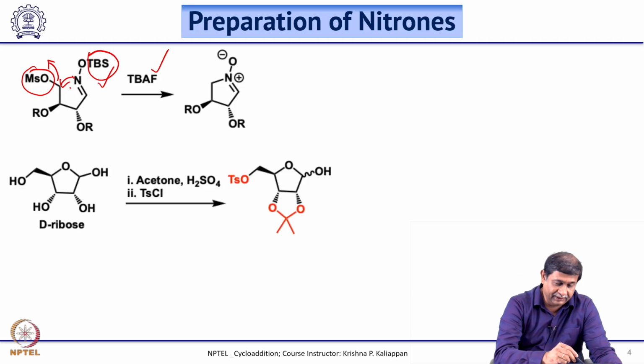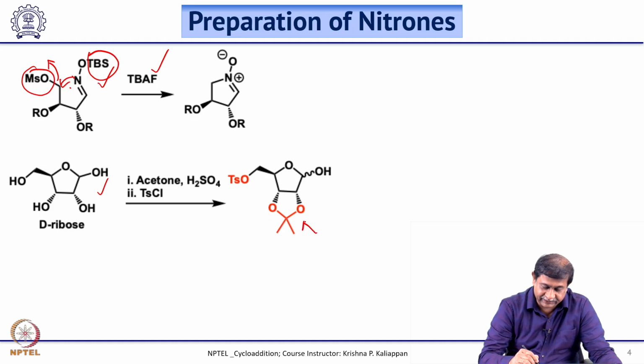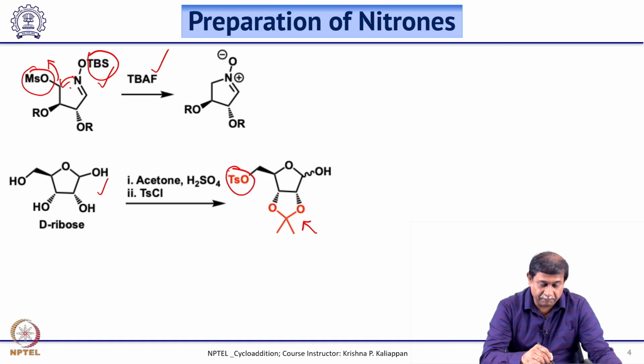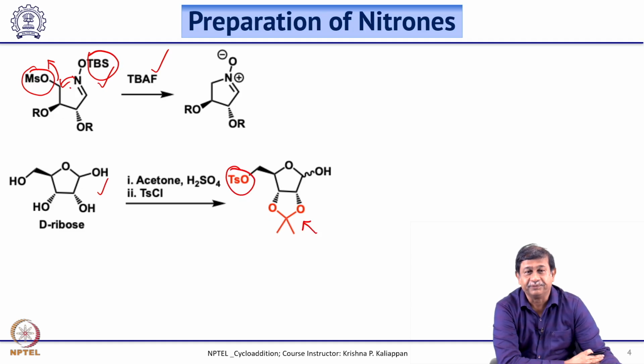One can also prepare this nitrone. For example, if you start with D-ribose, after making the monoacetonide and converting the primary alcohol into a tosylate, okay, basically you need a leaving group.